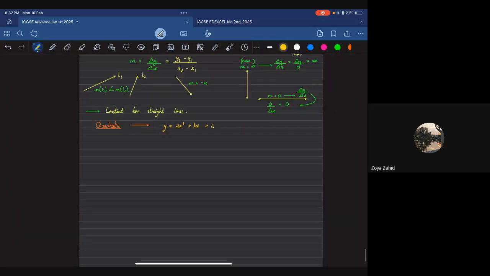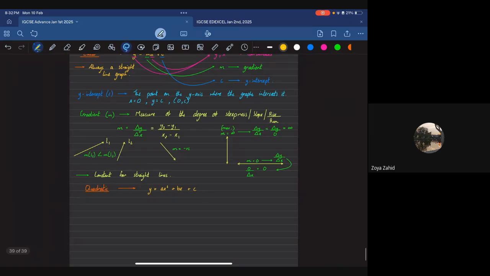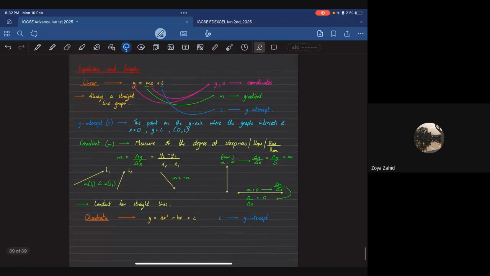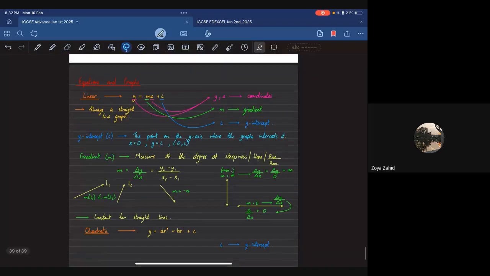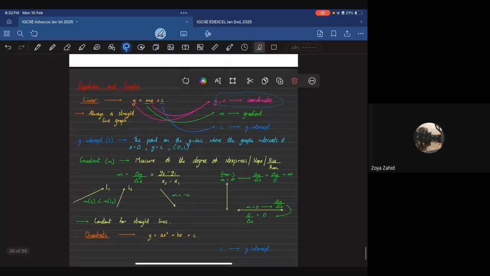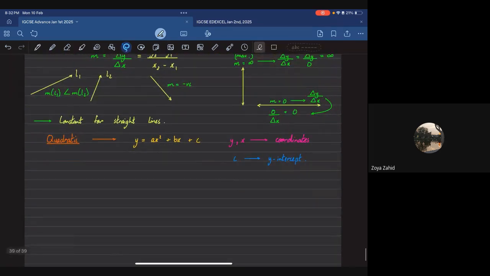Again, c is your y-intercept. X and y are your coordinates. And a, b, and c are just simple constants.